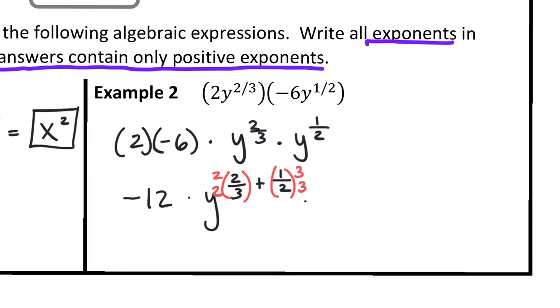So then this is going to equal negative 12, bring over the y, and multiply. 2 times 2 is 4, divided by 6, plus 1 times 3 is 3, and 2 times 3 is 6, so here I'm going to get 3 over 6.